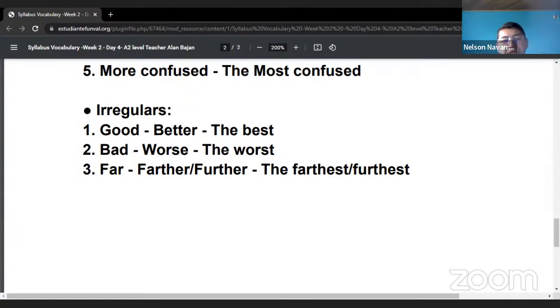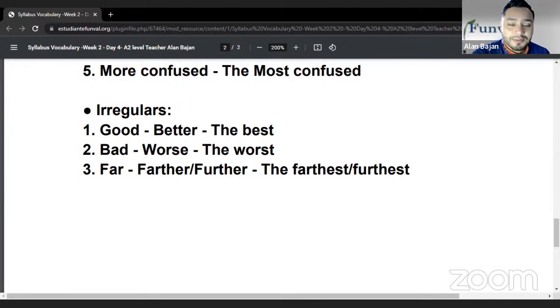Okay, and that is the comparative and the superlatives. For example, my test score was worse than last month.